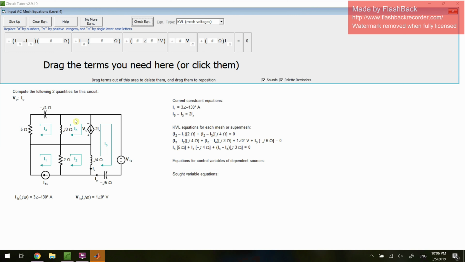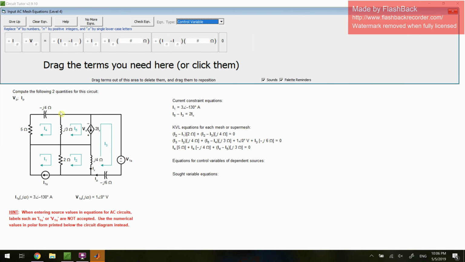So at this point, we recall that we have 5 unknowns. And it looks like we have 1, 2, 3, 4, 5 equations. That's great. So the only unknown we're missing right now is our dependent control variable. So we find where that is on our circuit, and it looks like that is shared by 2 currents. On one side you have I2, and on the other side we have I3.